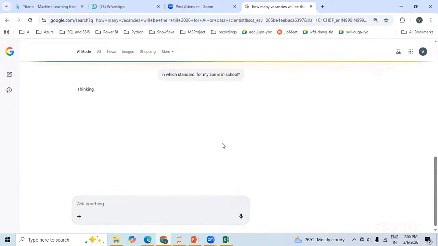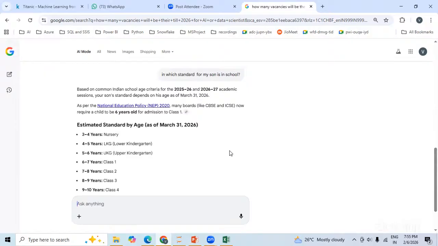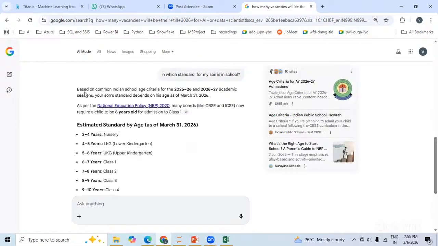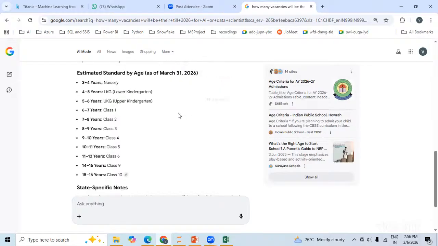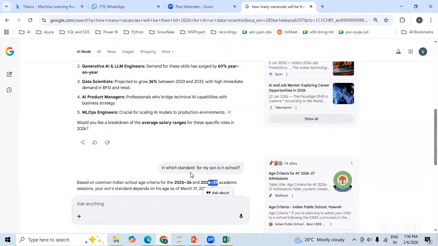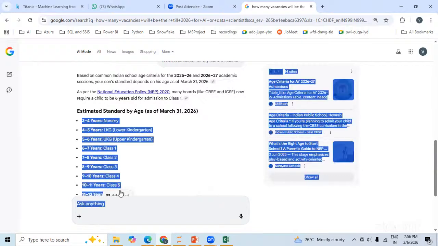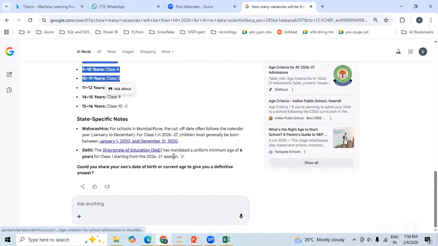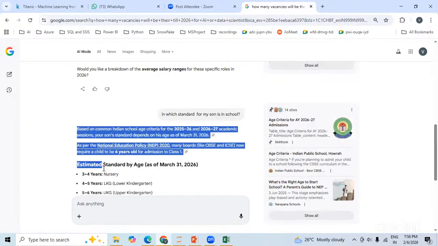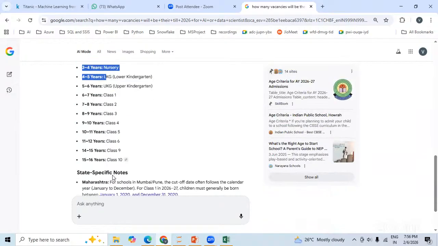Let's see the practical. Based on Indian school age criteria for 2025 to 2026 academics, it depends on the age. My son is only 8 months old. They have not given me a specific answer, but they have generated the answer in proper format.